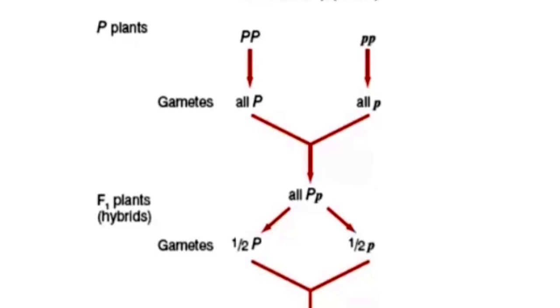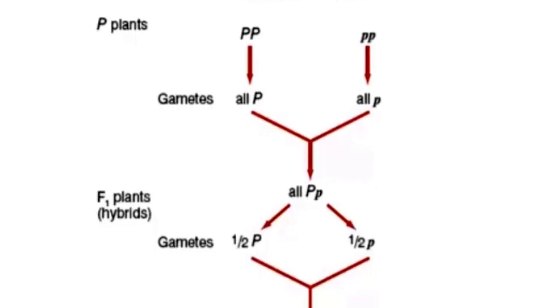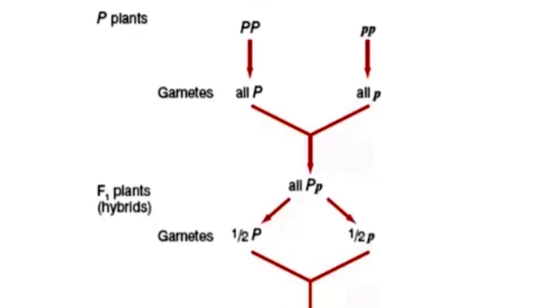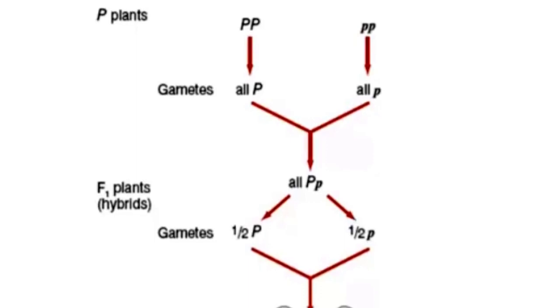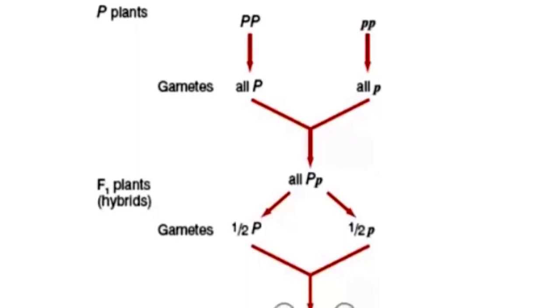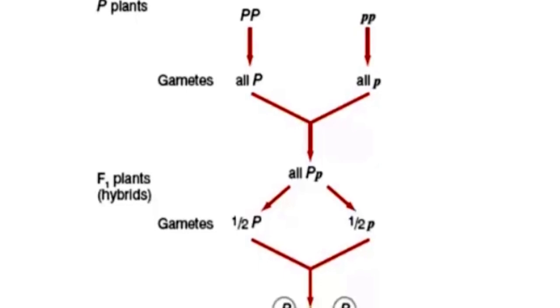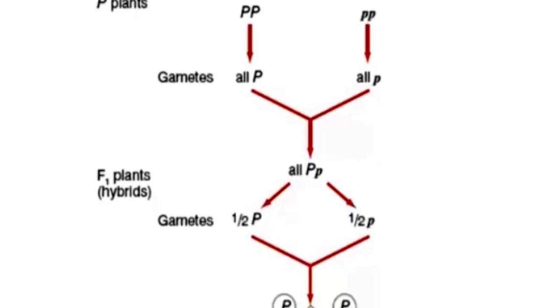Then the result would be: 1 flower would be capital P, capital P, fully purple, dominant purple, homozygous.